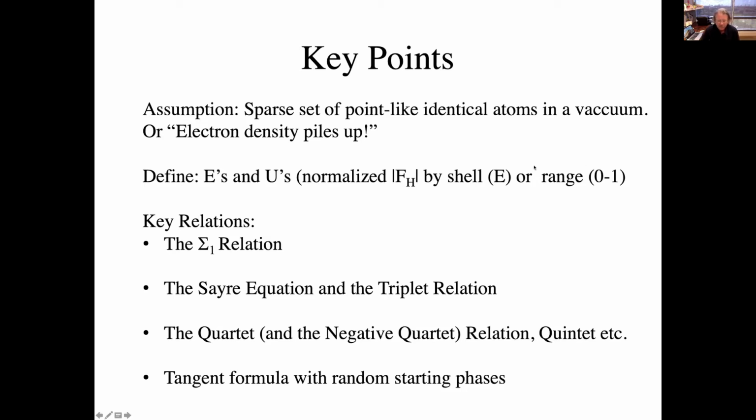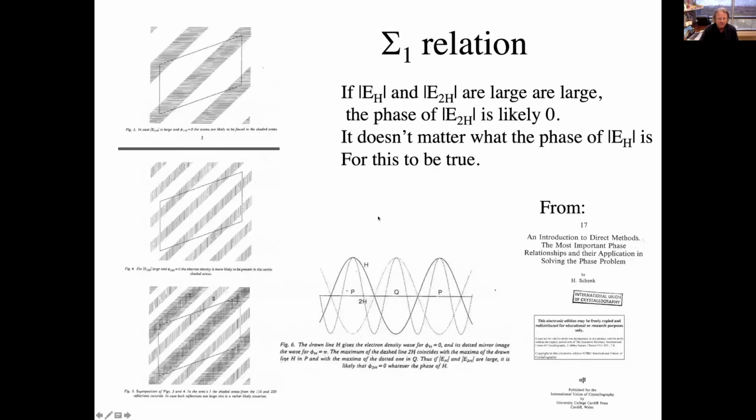You can also normalize by the number of electrons, or people sometimes work with U's, which are normalized by the total scattering, so that every structure factor amplitude winds up in a range 0 to 1. And you'll see for special purposes the use of E's and U's instead of the magnitude of F_H.